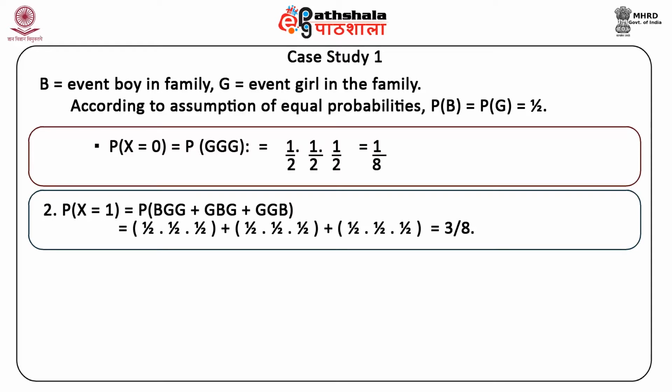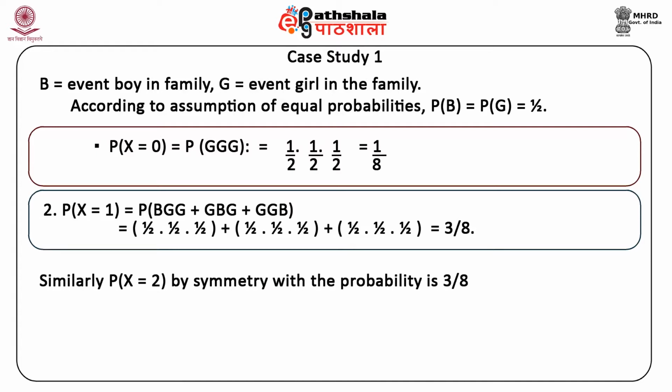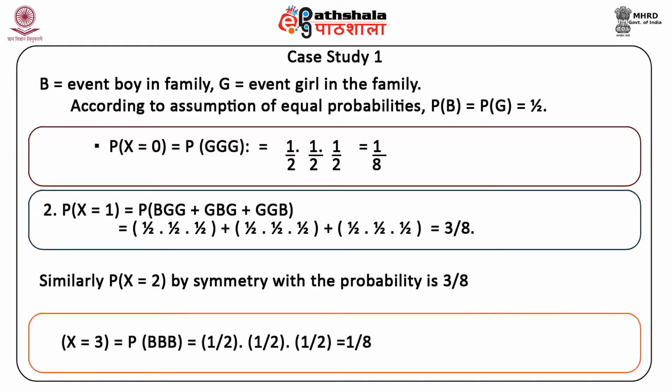And this is equal to 1/2 into 1/2 into 1/2 plus 1/2 into 1/2 into 1/2 plus 1/2 into 1/2 into 1/2, which is equal to 3/8. Similarly, probability X equal to 2, by symmetry, is 3/8. We can also see that probability X equal to 3 is equal to probability of BBB. This is equal to 1/2 into 1/2 into 1/2 is equal to 1/8.